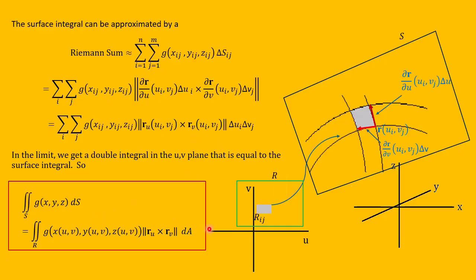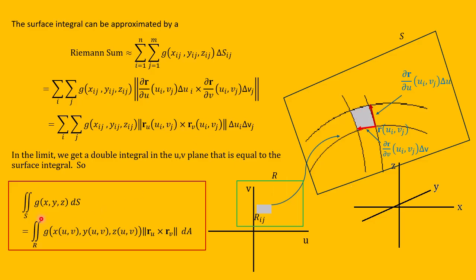So we can think of this sum as a double integral over this region R, because we're looking at all sorts of ij's in here for the areas, and that's the delta u sub i, delta v sub j right here, but we're multiplying it to get this area up here by the norm of this cross product.